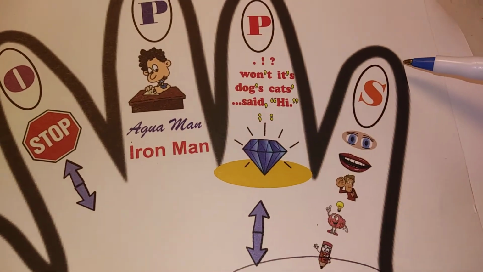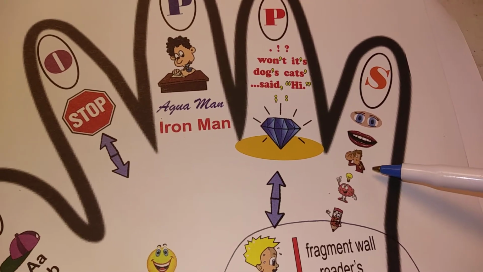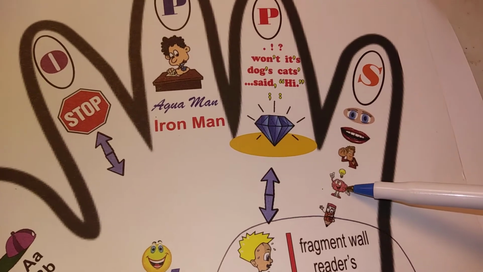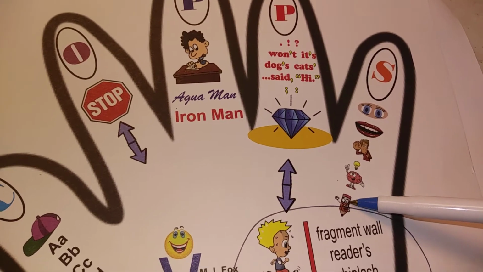Or spelling, where your kids learn to see the word, say the word, hear and listen to the word, think about when they've seen that pattern before, and be able to write the correct spelling.